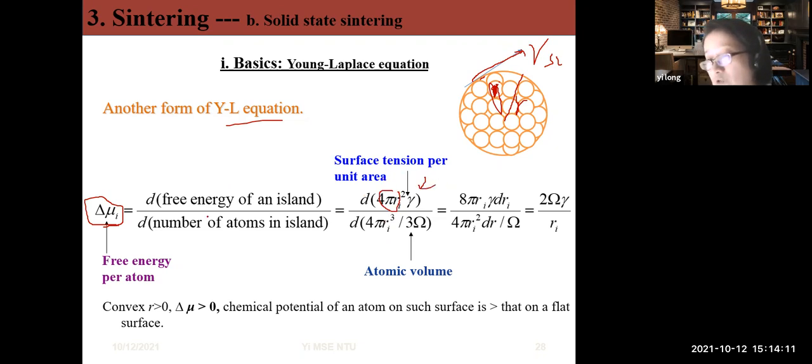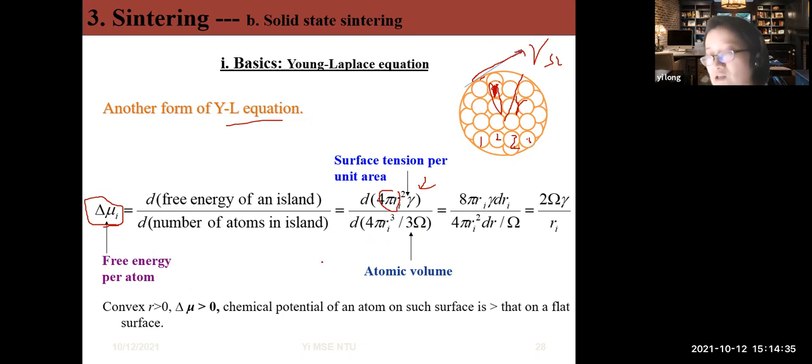Then, because this is a whole particle, I need to divide by the number of atoms to get the value per one atom. So let's calculate how many atoms you have inside.